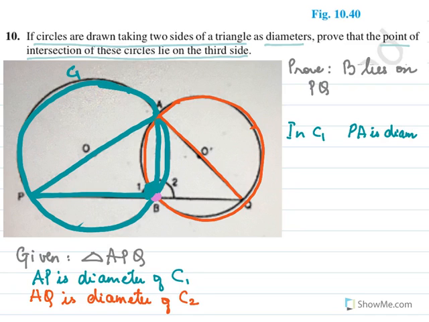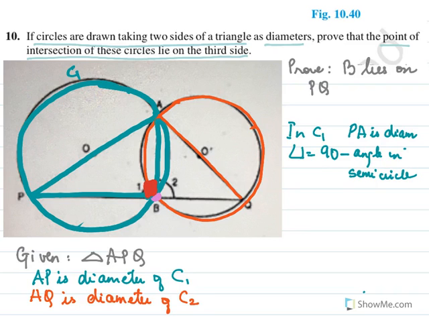Angle 1 will be 90 because the angle in a semicircle is 90. So you have got angle 1 equal to 90. Reason, angle in semicircle. Just put it in red. So I have this angle is 90.